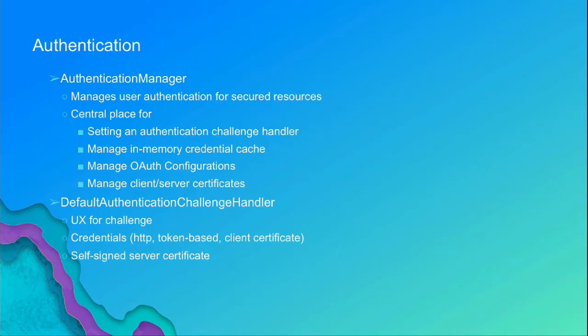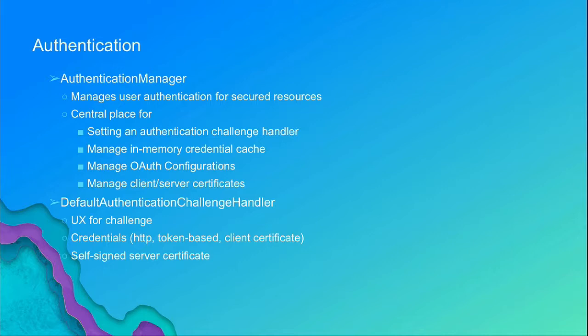And when you build your app, security is one aspect that you cannot avoid, because most of the time you want to access some private content that's shared in your organization, or you want to access some services that are not public. So you will need to go through the authentication process. And our API provides a key component, the authentication manager, to manage the use of these secure resources.